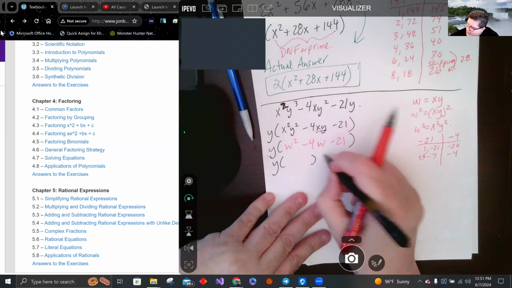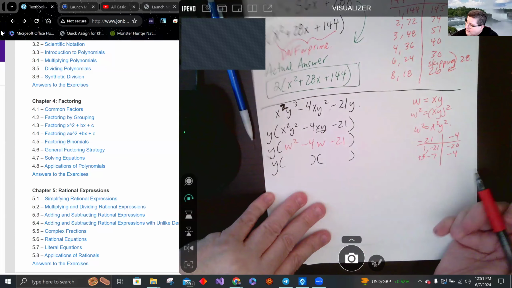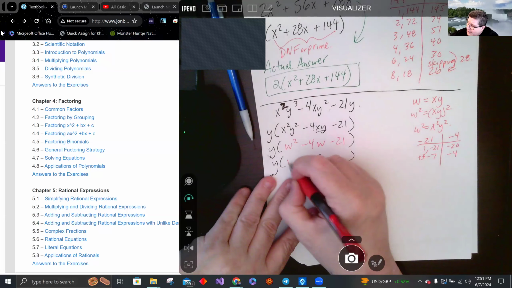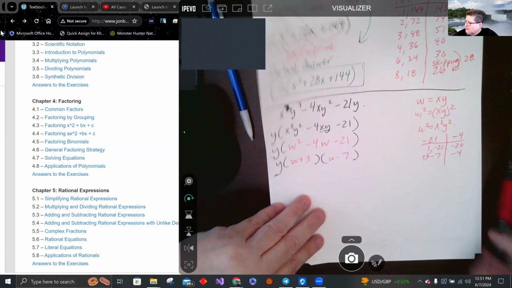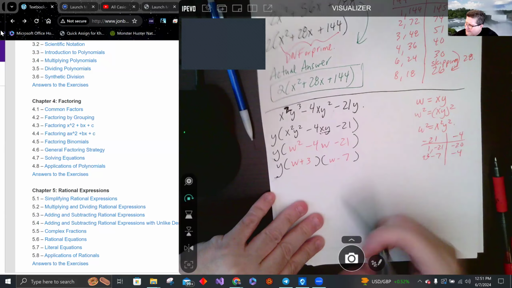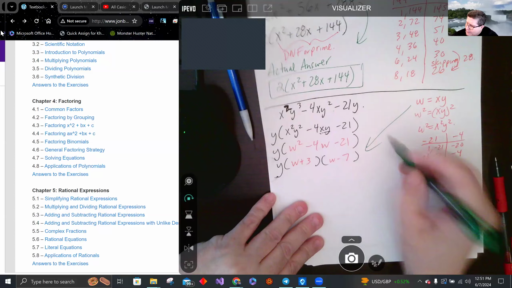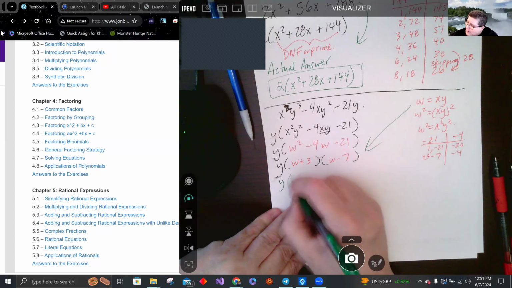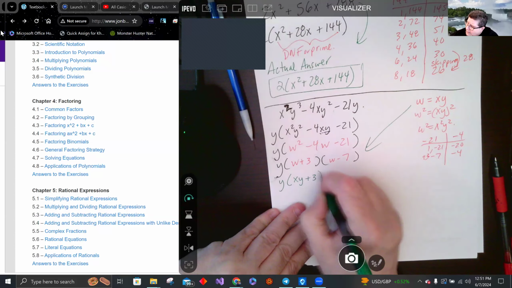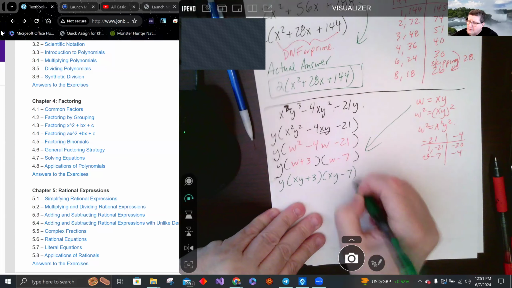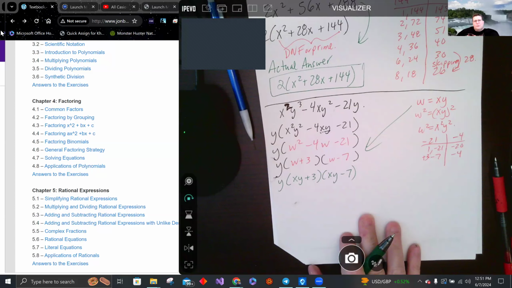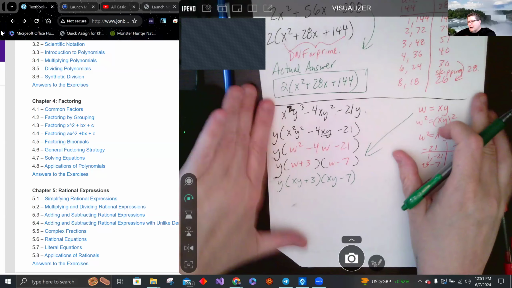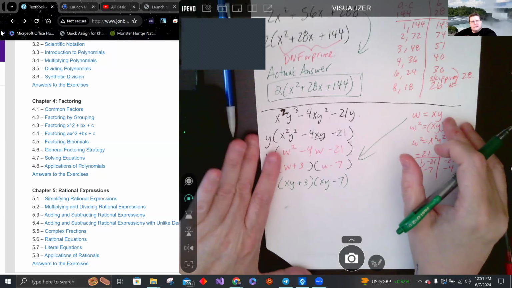I can jump straight to parentheses, w plus 3, w minus 7. And now that I've got it factored, I'm going to replace w with what I had before. Now you can do this without doing the little w substitution thing, but I think it helps.